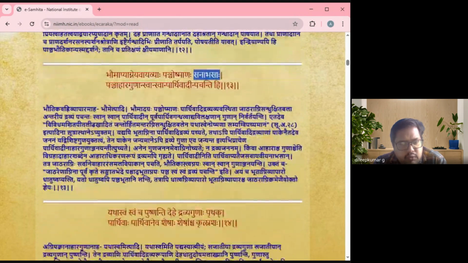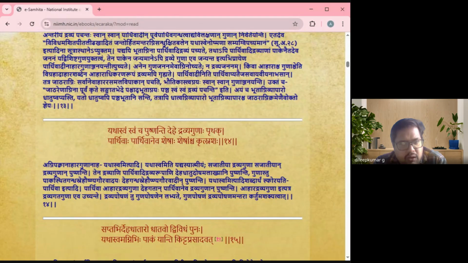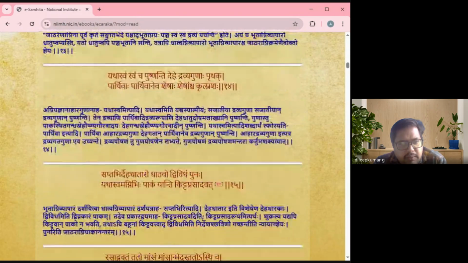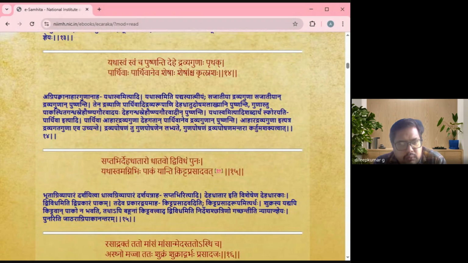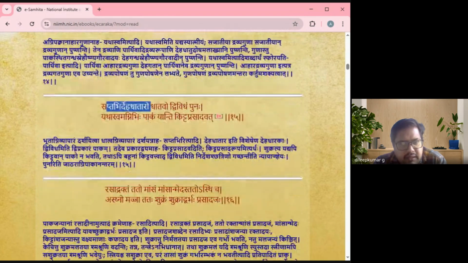So, Pancha Mahabhuta Agnis. In the same way, Dhatus will also have their Agnis, Saptabhir Deha Dhatavo. So Dhatus will have their Dhatu Agnis, which will result in Kitta and Prasada. Essential materials and waste products or byproducts are generated because of the Dhatu Agni Vyapara.